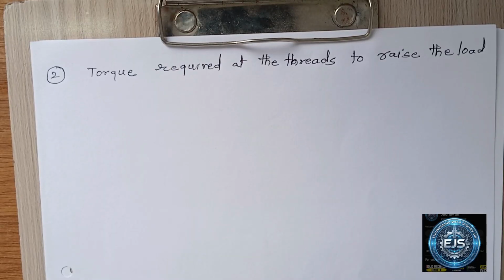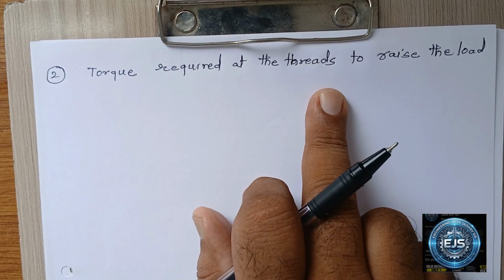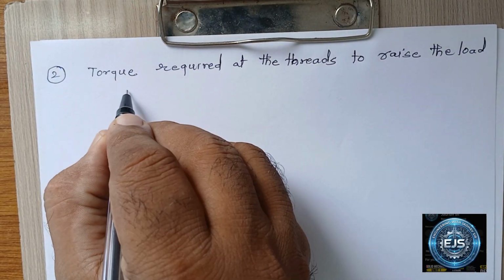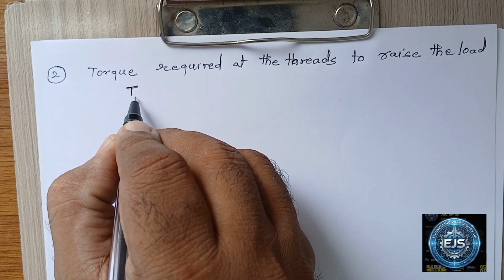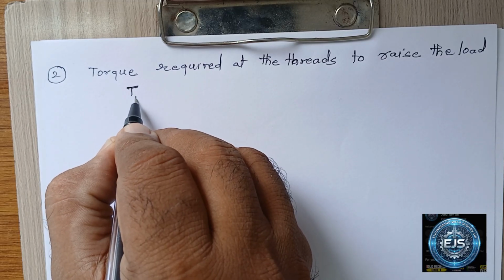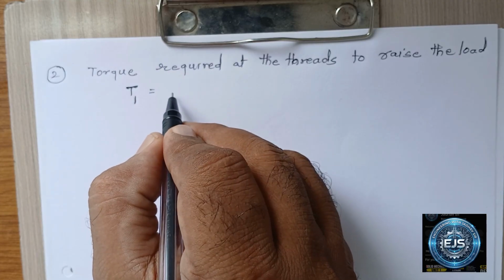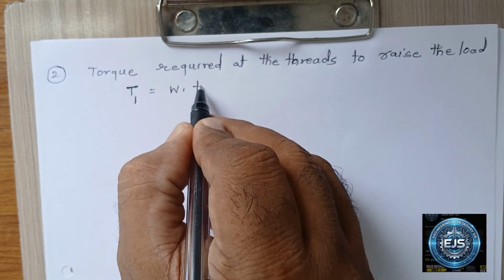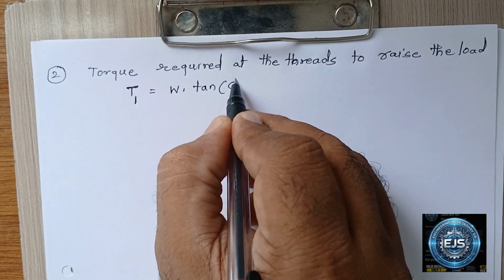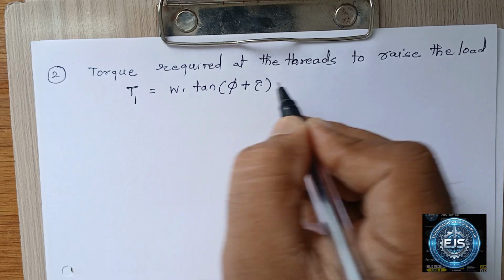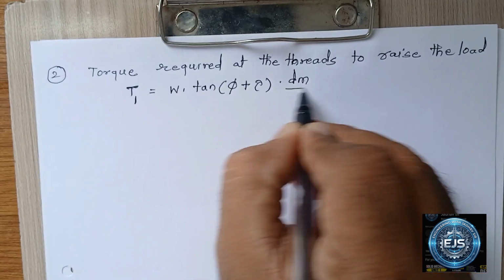Now we calculate first the torque required at the threads to raise the load. That torque is T1, and it is given by the formula W into tan of phi plus lambda into mean diameter by 2.